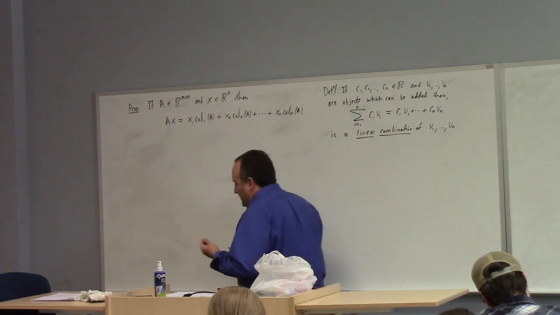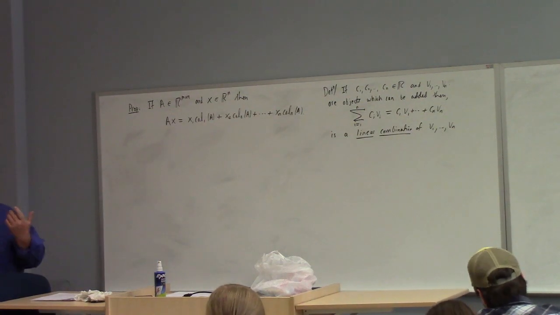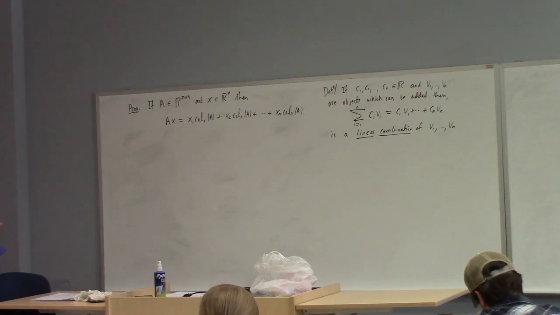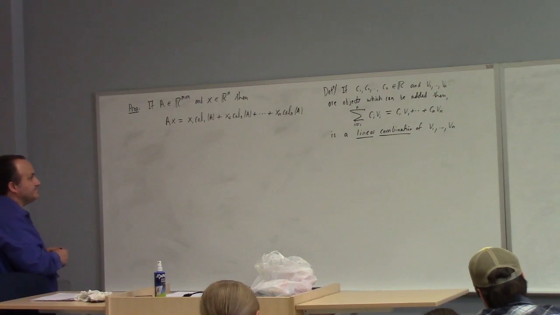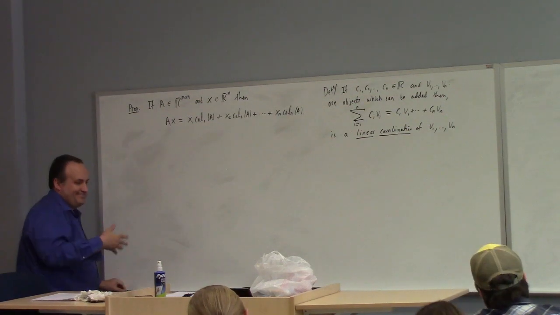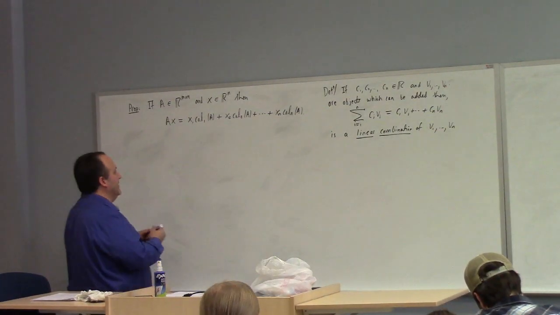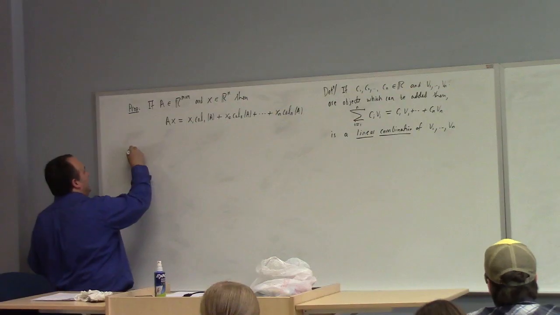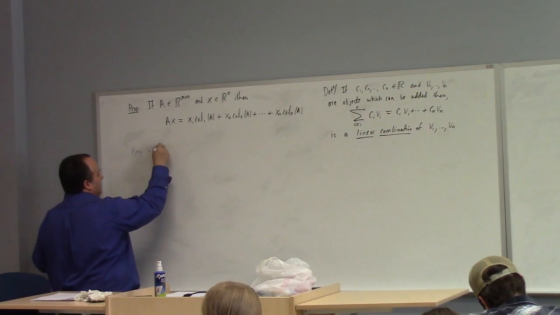Now, for the most part, we're thinking about linear combinations of vectors. But you could talk about a linear combination of a matrix also, all right? So let me just make a couple of comments here. So any v in R^n we can write as what?